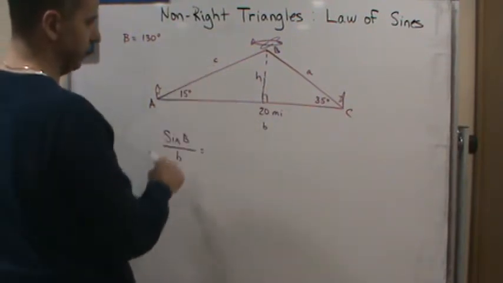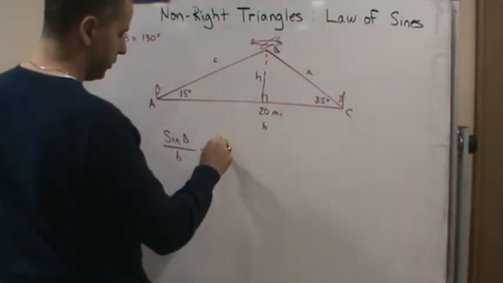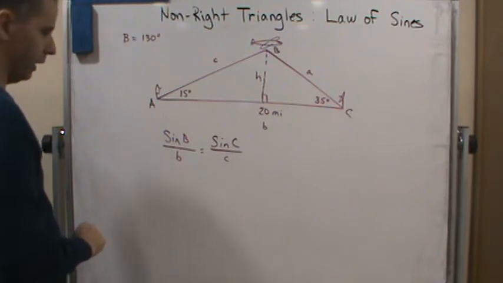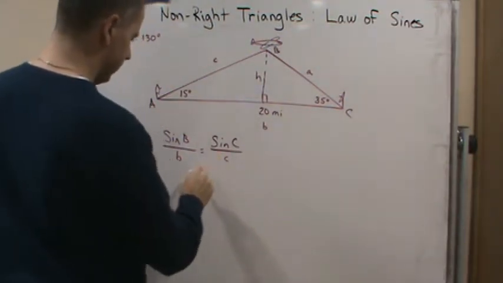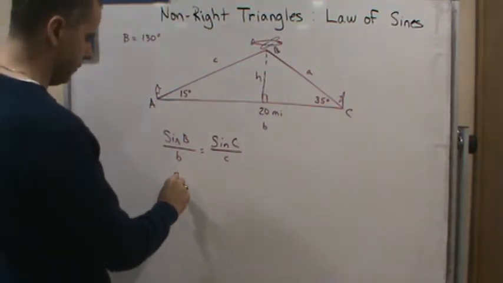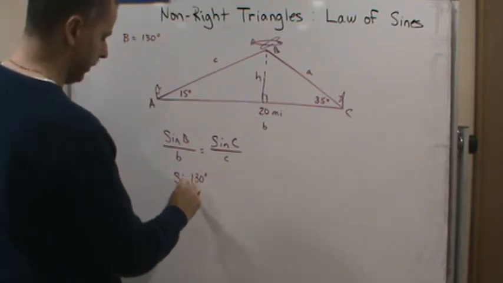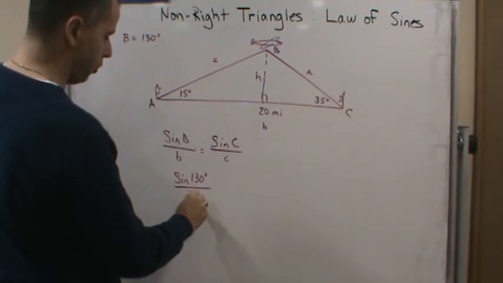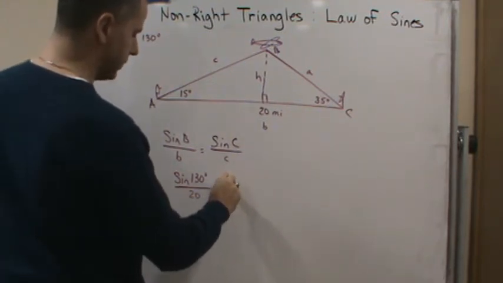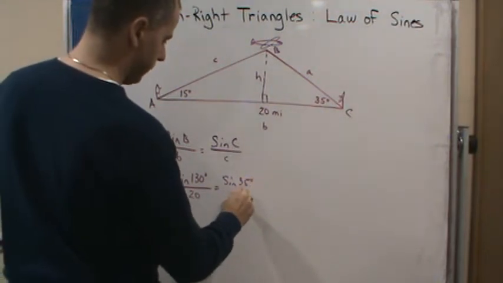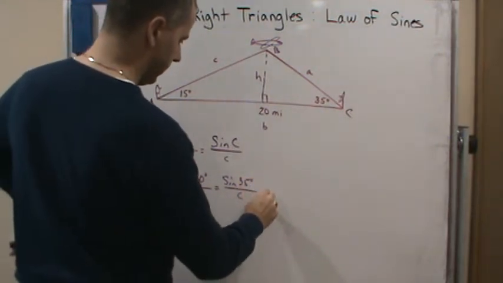Let's find C. So that means we want to do sine C over c. Now if we plug it in, sine of 130 degrees over 20 has to be equal to sine of C, which is 35 degrees, over c.